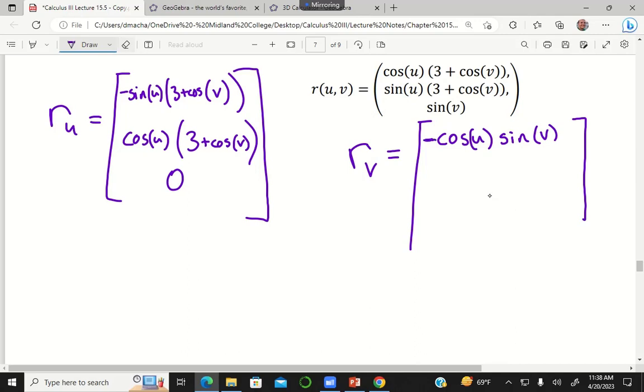Because if I distribute that cosine, then cosine times 3 is just a constant. And then I end up with cosine of u times cosine of v. And then again, we're only taking the partial with respect to v. So I don't care about the u's. I only care about the v's. The partial derivative of y with respect to v would be almost the same thing. It's going to be negative sine of u sine of v. The partial of z with respect to v is going to be cosine of v.